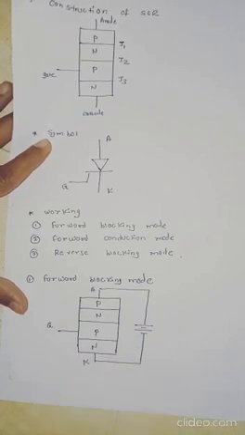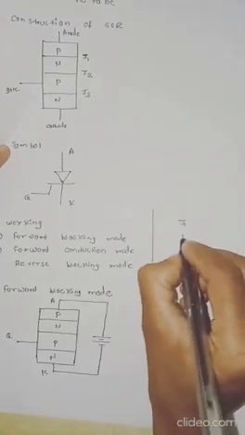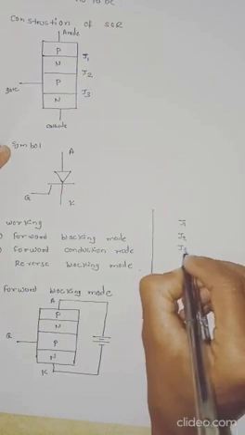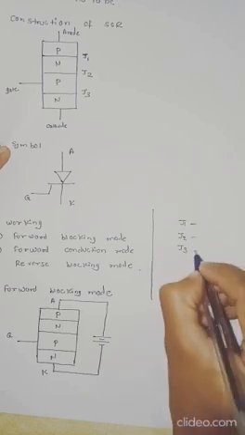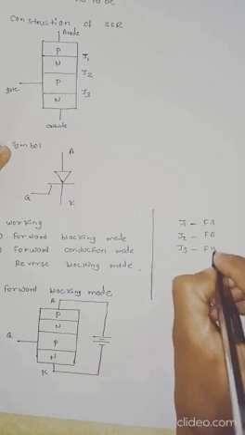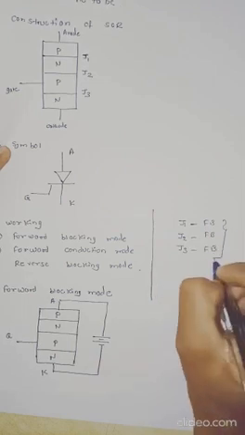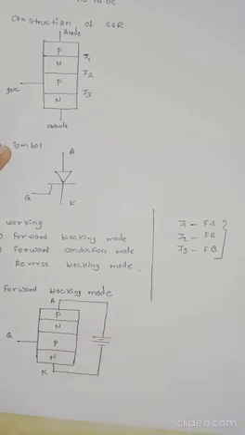Before going to forward blocking mode, you need to remember there are 3 junctions, that is J1, J2 and J3. Always all the junctions should be in forward bias so that the SCR conducts.